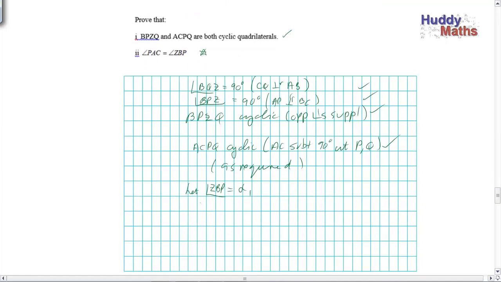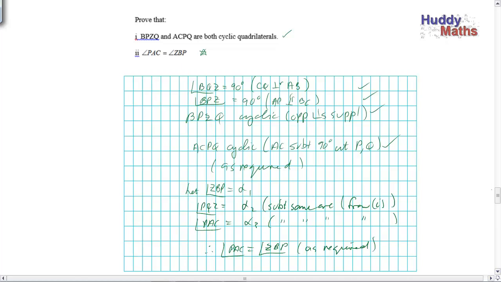So, angle PQZ would be alpha 2, subtended by the same arc, and this is from part 1, because they're cyclic quadrilaterals, and PAC is alpha 3, subtended by the same arc, again from 1. Okay, so therefore you can say angle PAC equals ZBP, and that's as required.